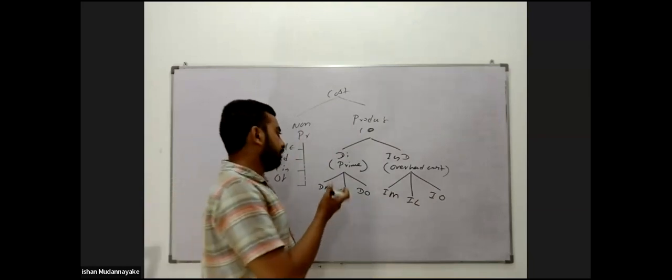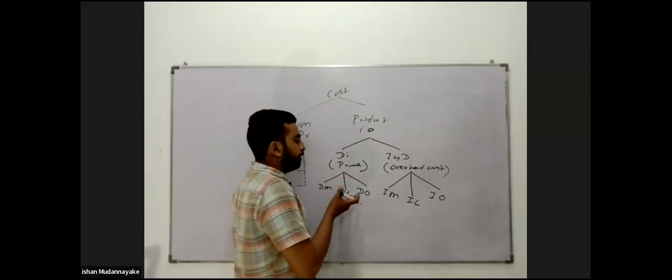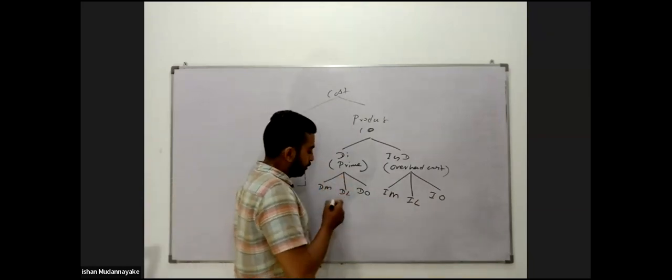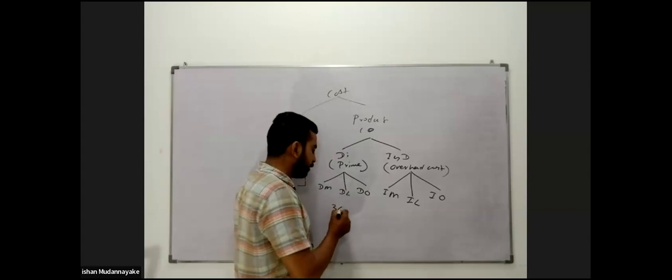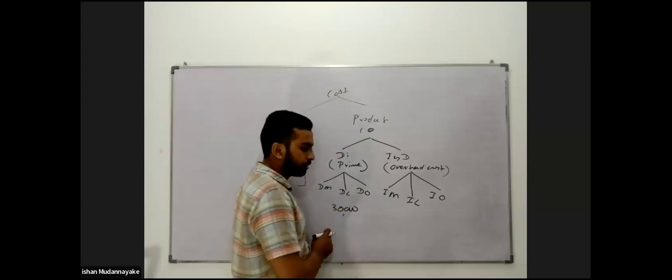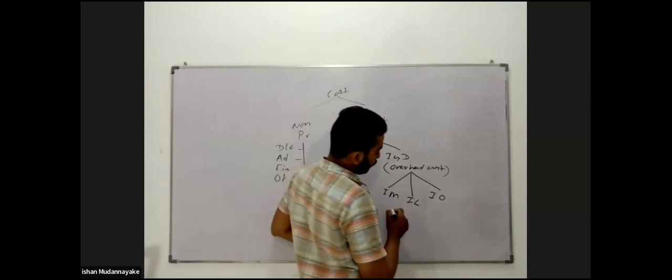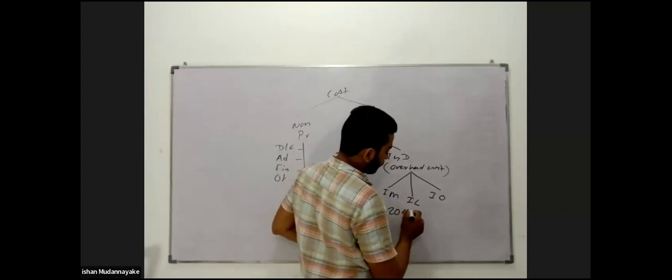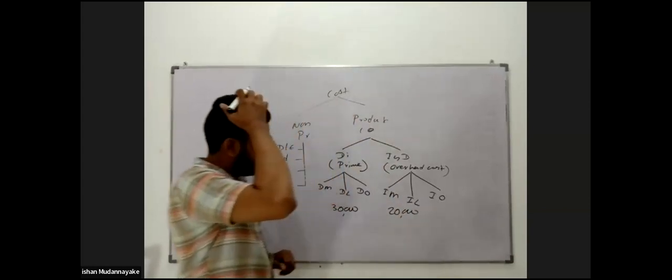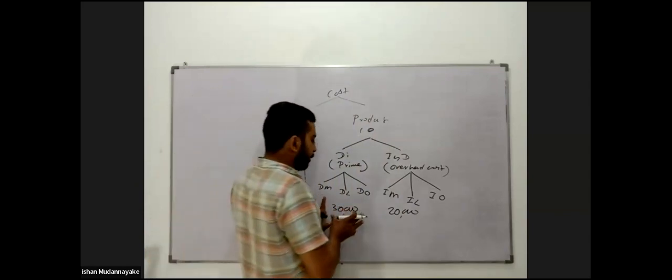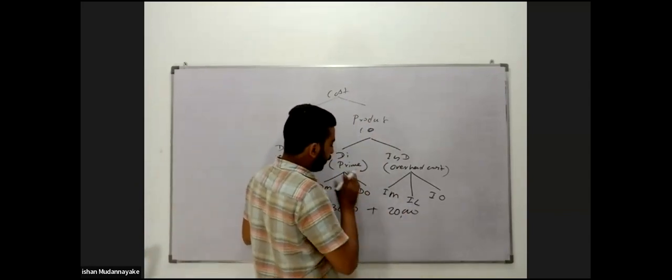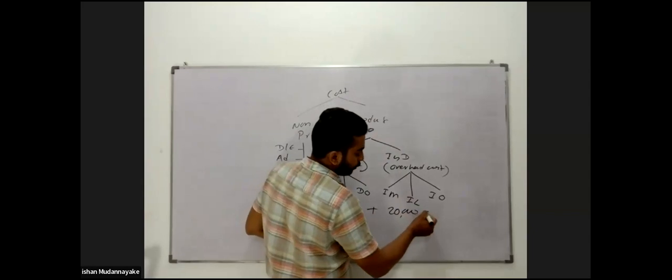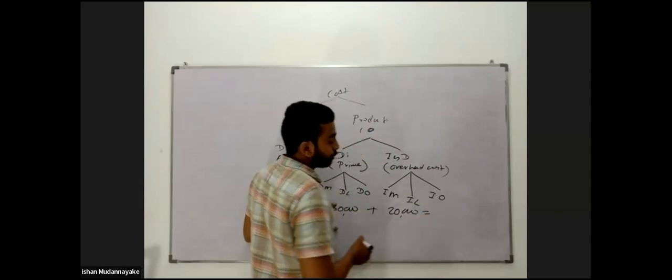Let's say the total prime cost is 30,000, and the total overhead cost of a business organization is 20,000. Then prime cost plus overhead cost, or direct cost plus overhead cost, is called production cost.